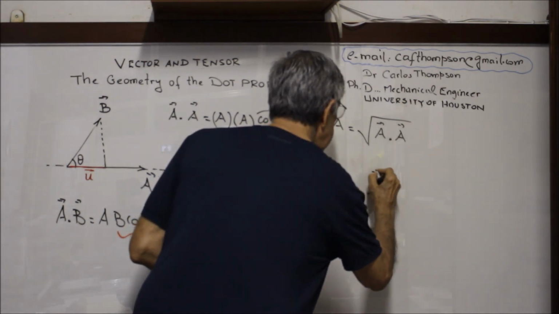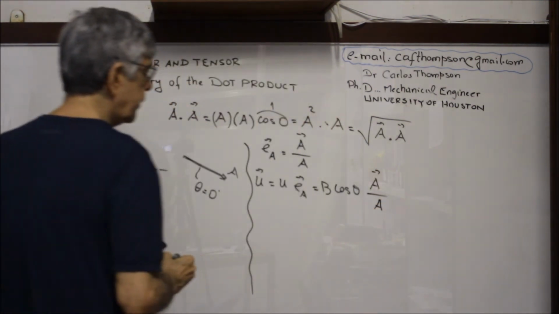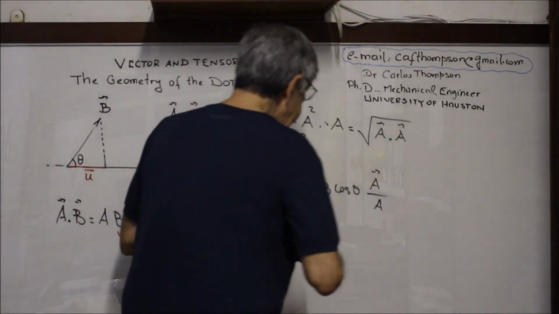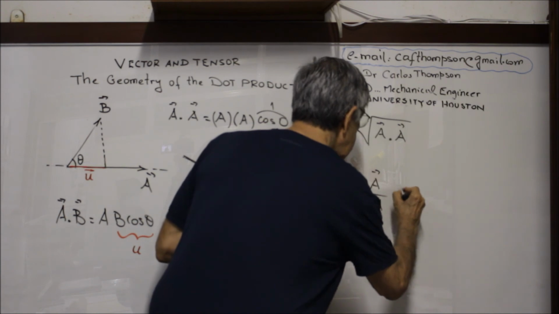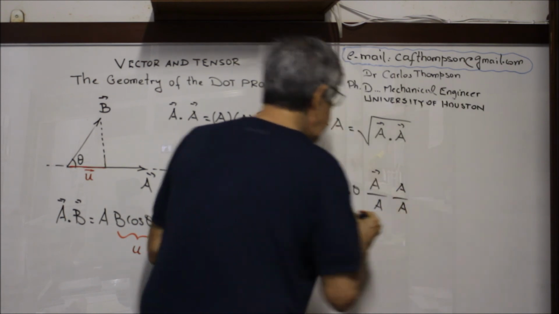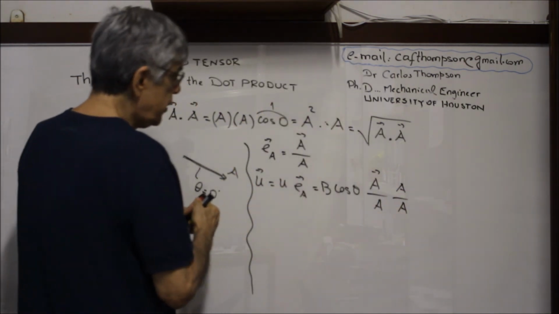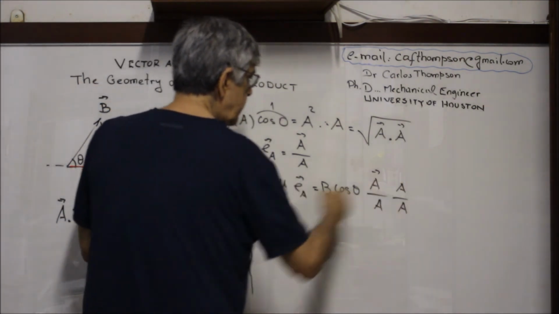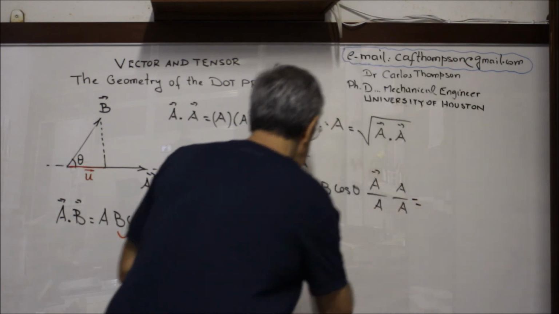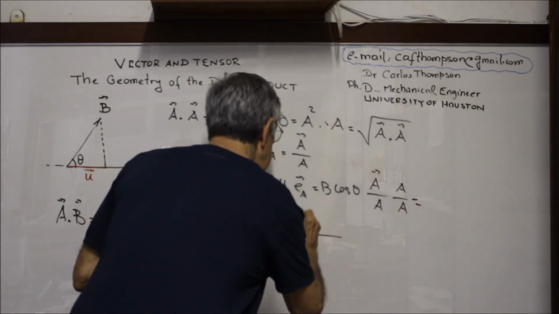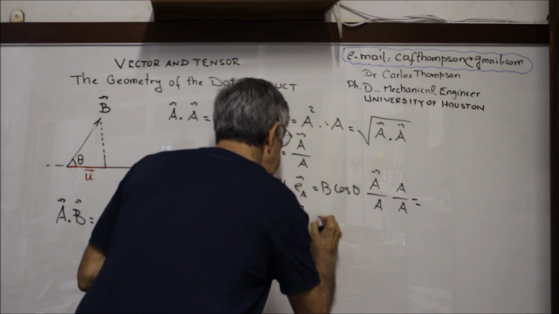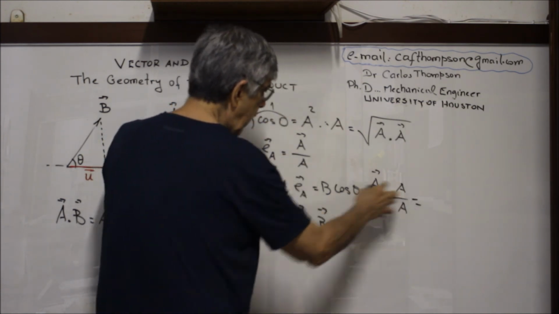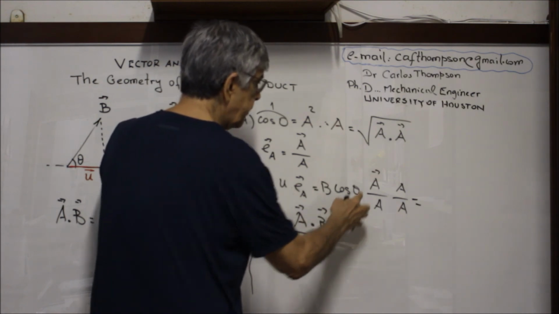It is vector A divided by A. Here I will multiply and divide by the magnitude of A. We can see that B cosine theta times A is equal to A dot B, since A dot B is A times B cosine theta.